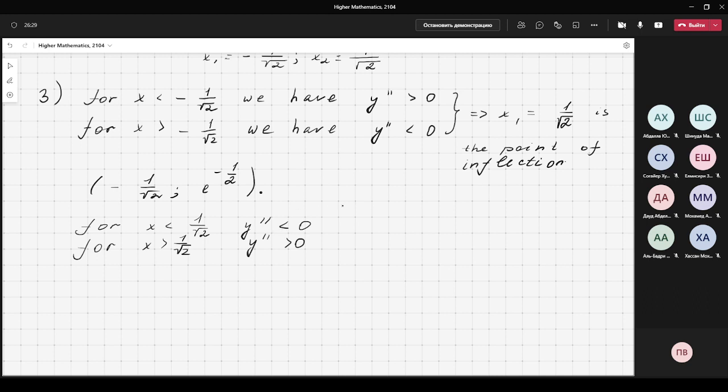Thus, there is also a point of inflection of the curve for x second equal to 1 over square root of 2.